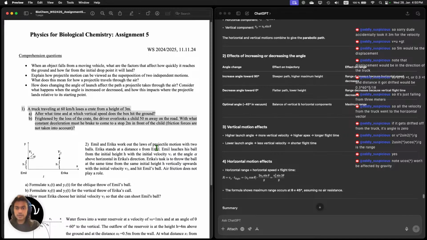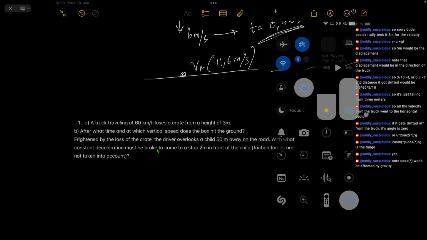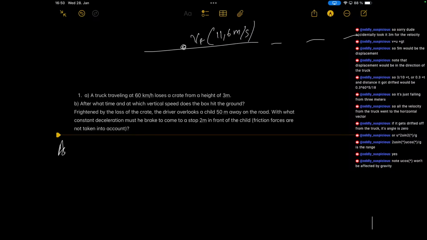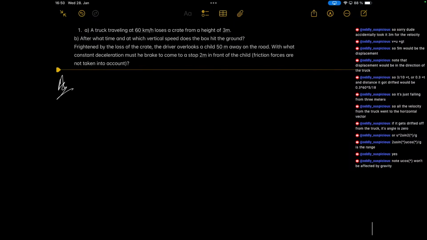I'm going to share the screen, and when I share the screen, I won't be able to read the chat. So here is the list from the truck. I've got to draw a truck. Let's say this thing.